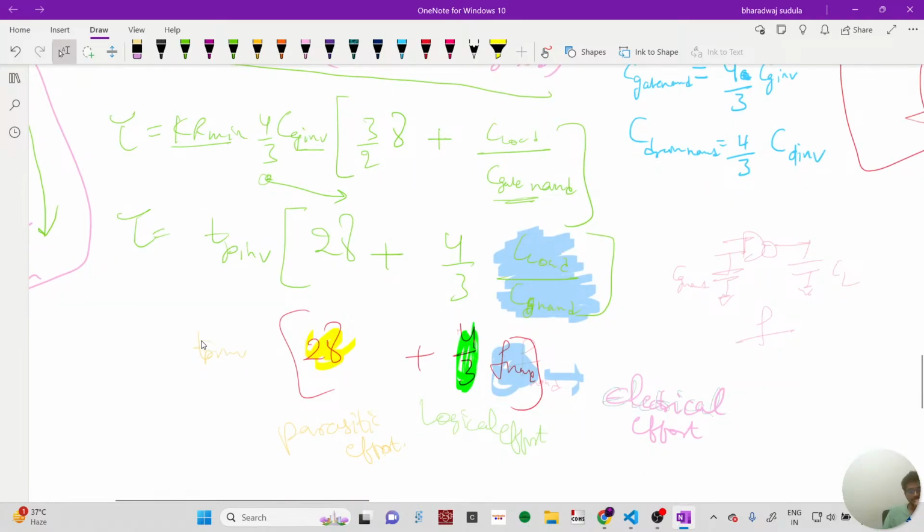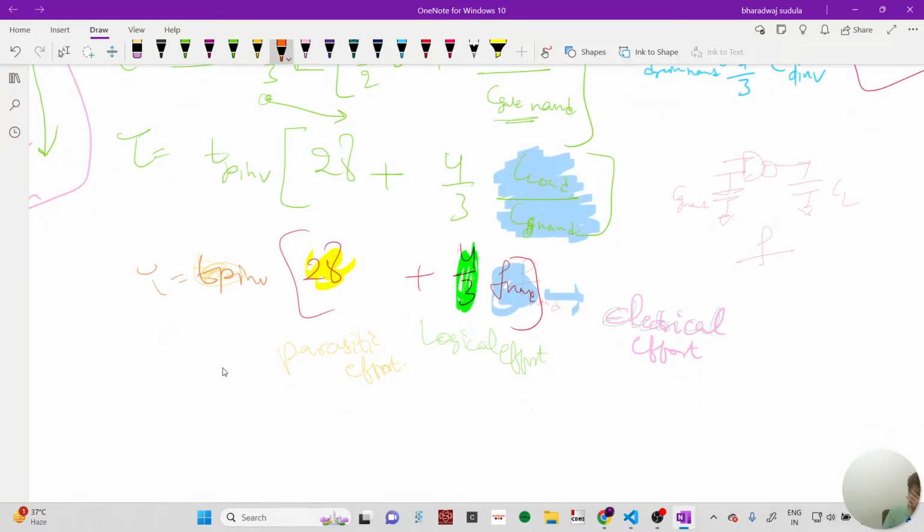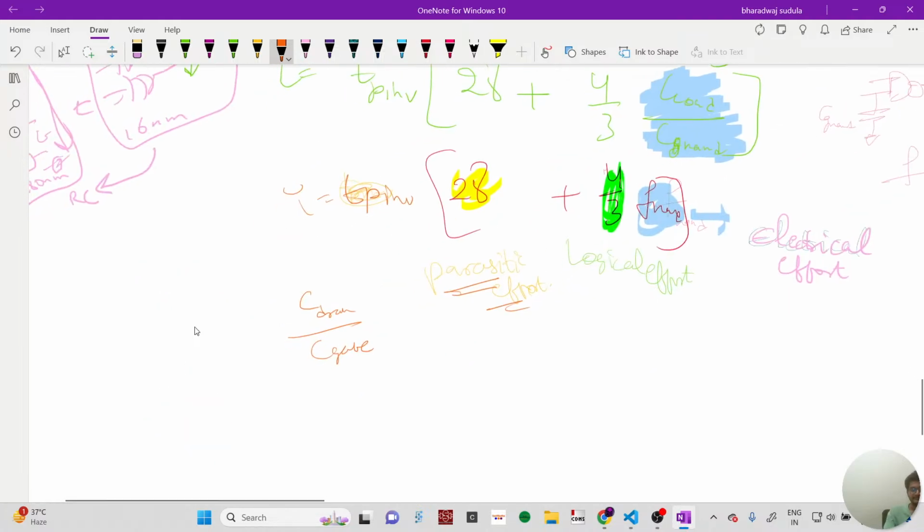So what is parasitic? Parasitic is nothing but, from where this gamma comes from, the drain to the gate. These are parasitics, right?